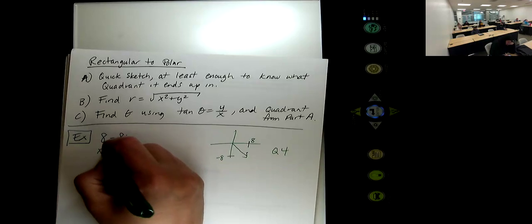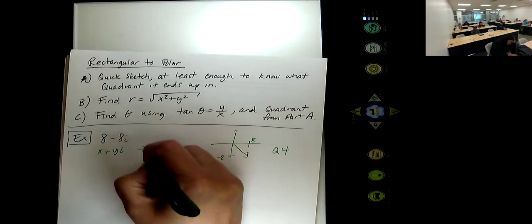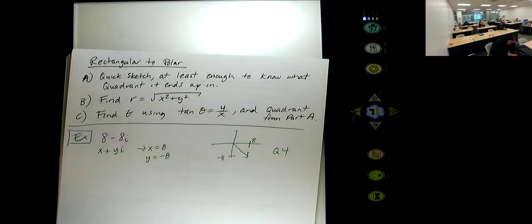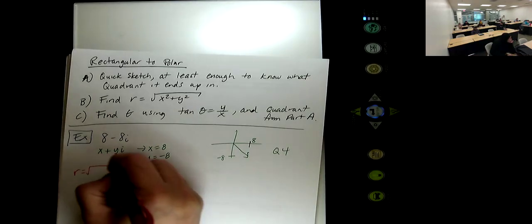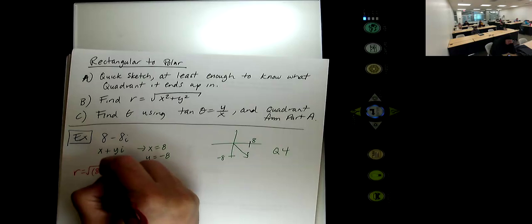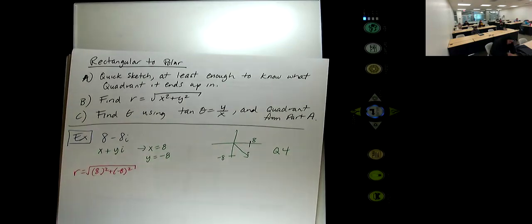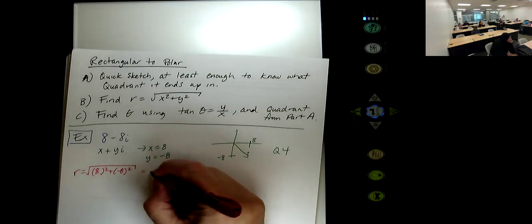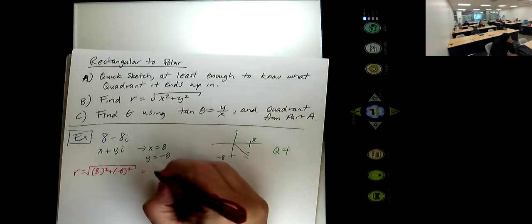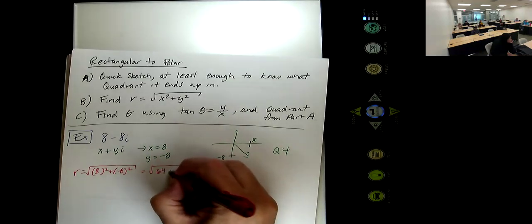This is like x plus yi, so x equals 8 and y equals -8. So r is going to equal the square root of 8 squared plus -8 squared, which equals 64 plus 64.